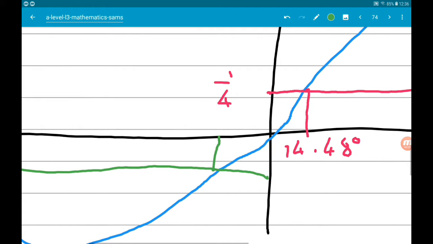Now, if we inverse sine minus 1/3, we get minus 19.47, sorry. So there's another one.